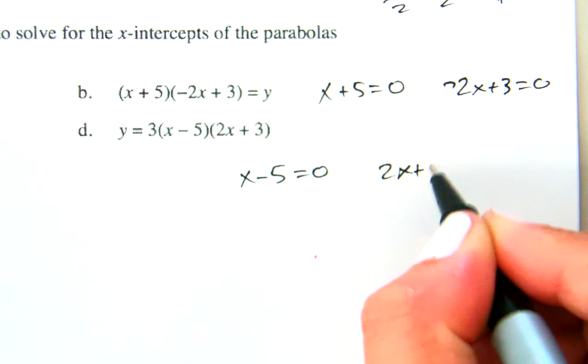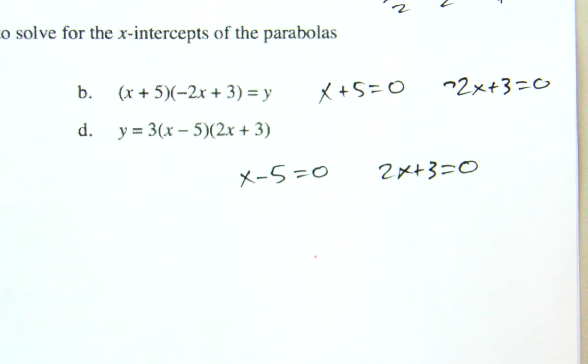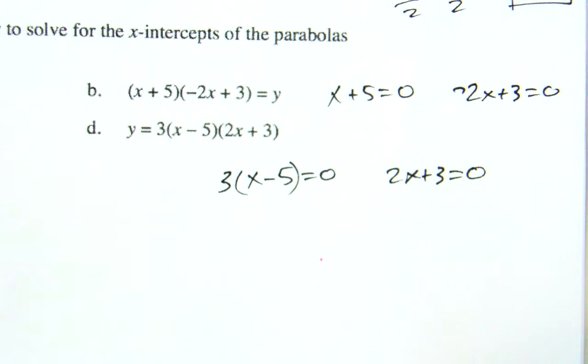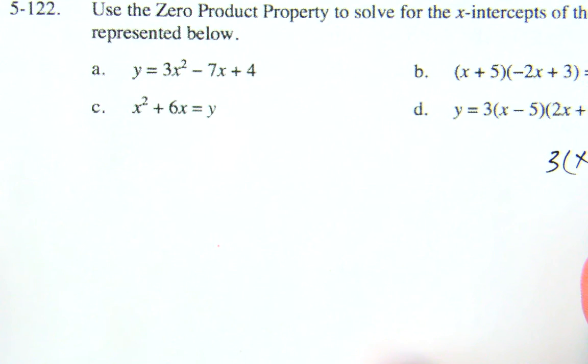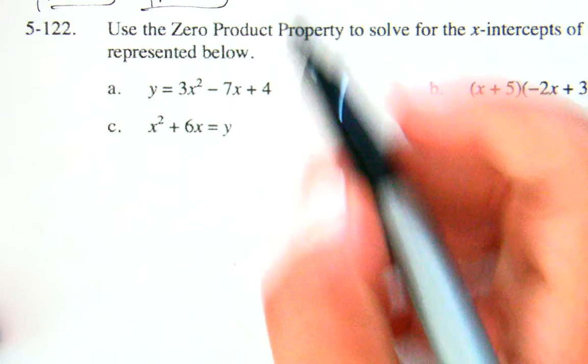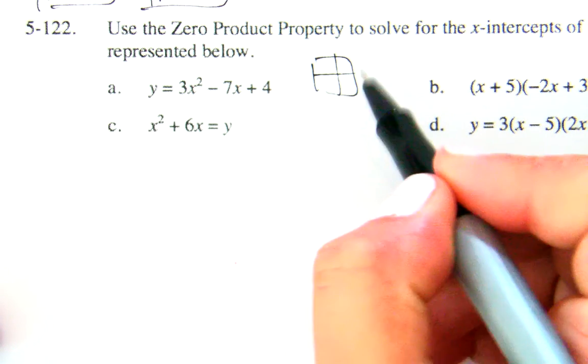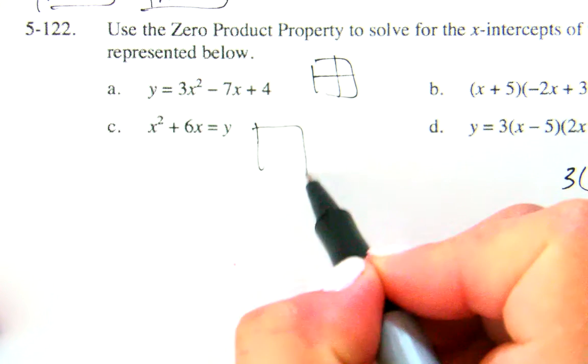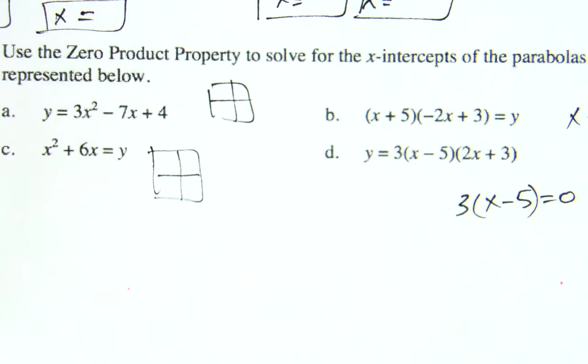You have 2x plus 3 equals 0. Well, I guess you could multiply this by 3. There you go. Okay, that's B and D. A and C, you have to actually factor. So you have to actually make the box, find the products, and do everything that you can to actually get the factors for this one and for this one too. And then you go to part B, how you solved it for part B and D.